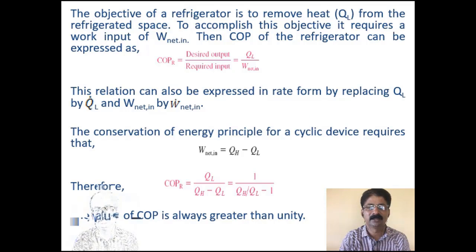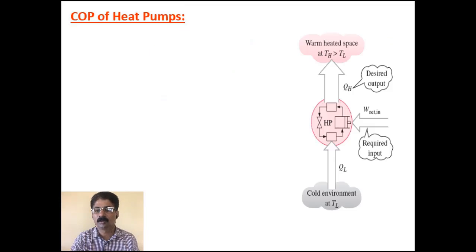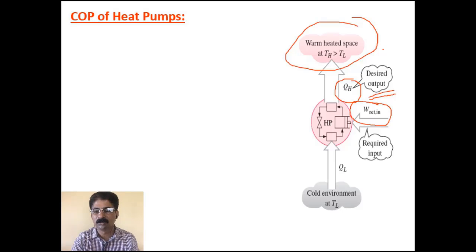And coming to the heat pump, the purpose is different, as we discussed earlier. Your purpose is to maintain this space at a particular temperature. For that you have to constantly supply heat to that space. So the desired output becomes QH, and the required input remains the same as W net in, same as that of the refrigerator.